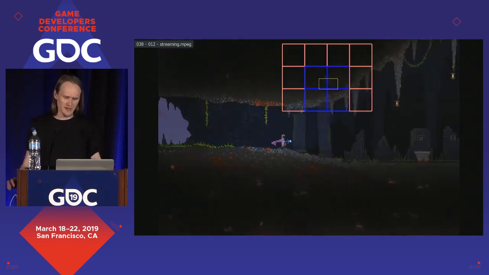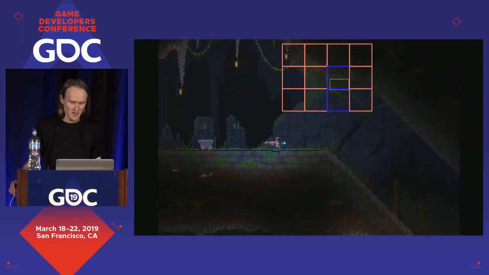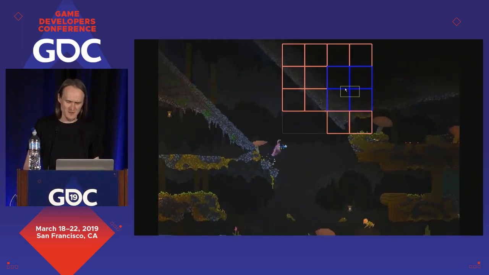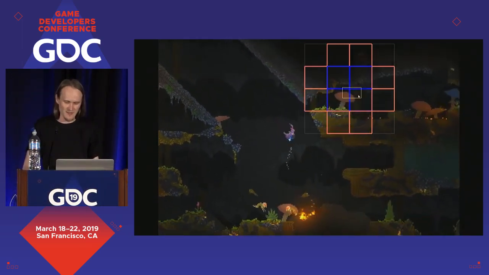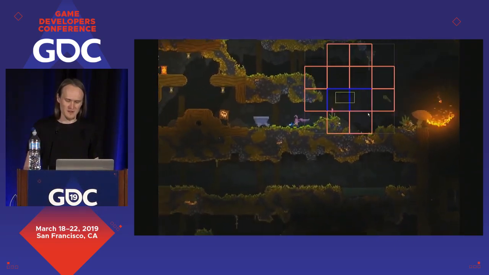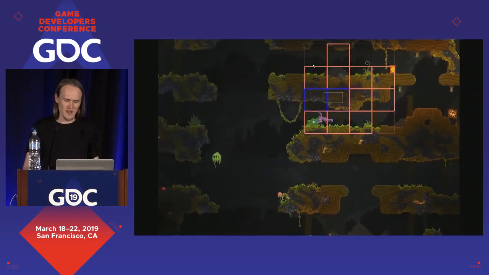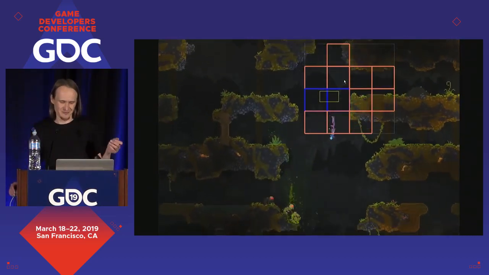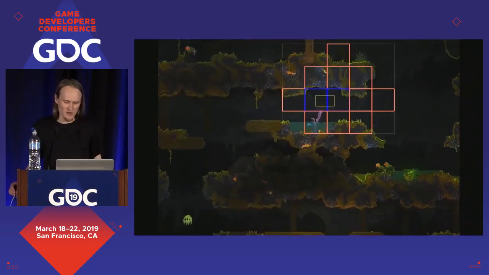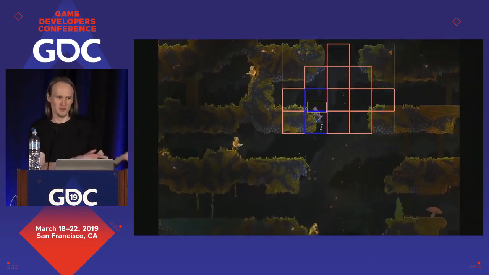The real final bit, because we have a continuous big world, is probably the most standard technique of this, which is essentially just streaming. So this yellow rectangle here represents the screen, and all of these other rectangles are 512 areas of the world. As you travel around in the world, the procedural generation system is generating new worlds as you're going.